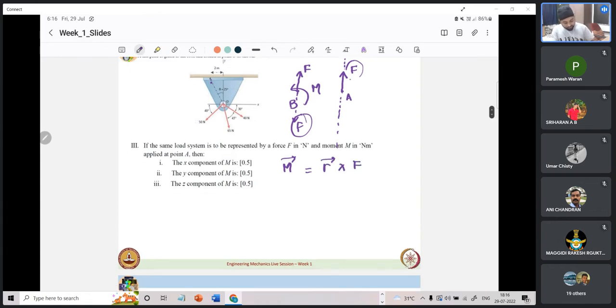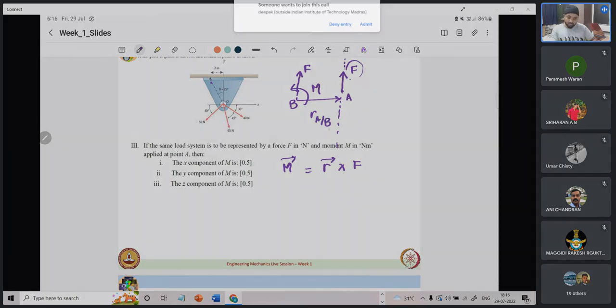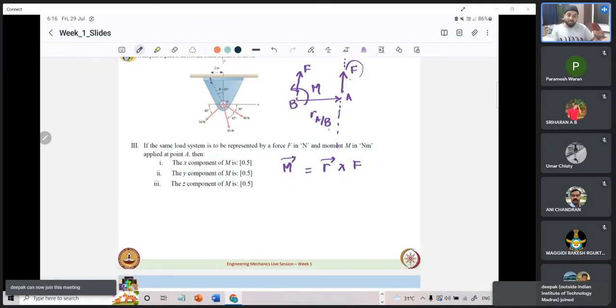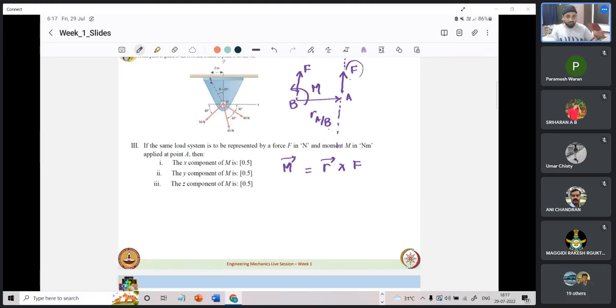In this example which we saw, what is R? This is R. Okay. R of A with respect to B. The bottom index that comes here, that is the index B, that is the point about which you want to transfer the moment. Point A is the one where the force is actually applied. So that we need to keep in mind.